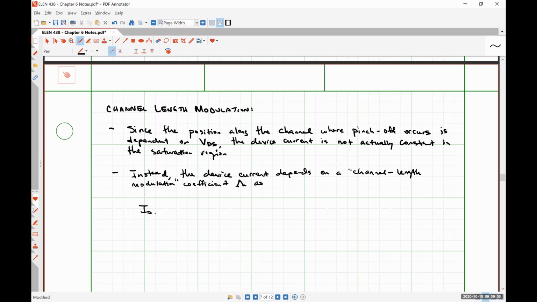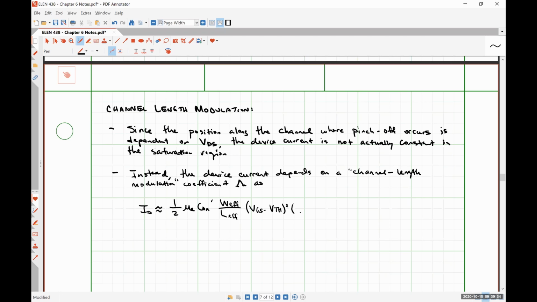So now our drain current in the saturation region is going to be approximately 1/2 mu n Cox W effective over L effective times (VGS minus VTH) squared.